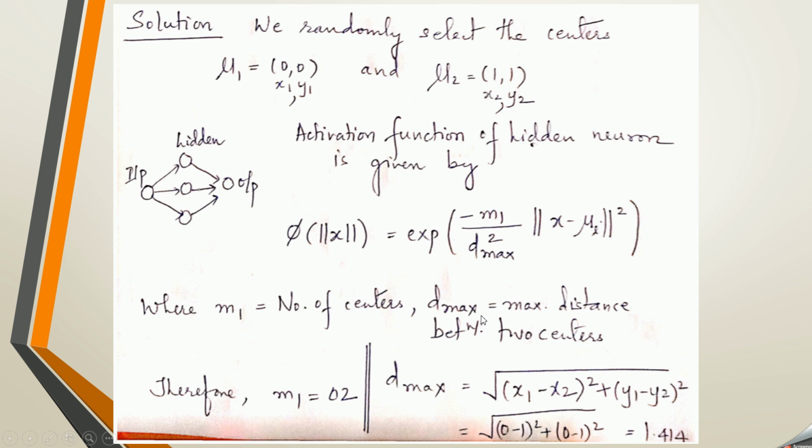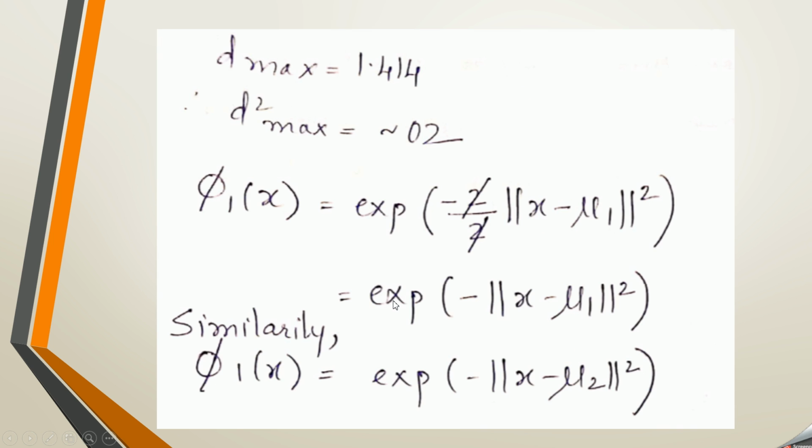And Dmax, as I told you in the previous session, is the distance between the 2 points in space, or 2 centers. The formula for calculating it is the square root of (x1 minus x2) squared plus (y1 minus y2) squared. Substituting these values, you will get Dmax to be 1.414.